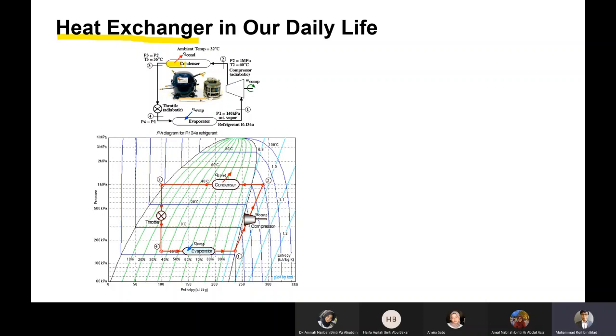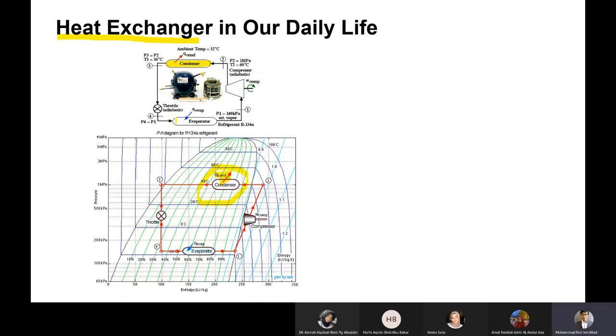The condenser here is called a condenser because it changes the phase of the refrigerant from vapor to liquid. But what happens is actually there is a transfer of heat from the refrigerant to the environment, to the air. So that's why in the condenser you have Q out. So basically this one is a heat exchanger.